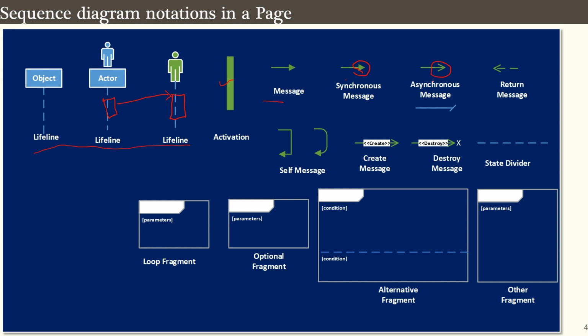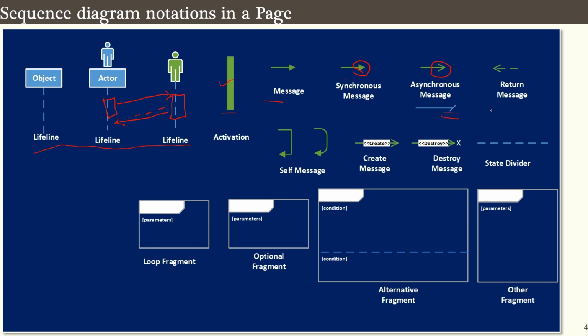The same asynchronous message can also be denoted in this format, a line with a slash. So these are the forward arrows. You can have a return message from one activation to another activation. Usually, this is denoted in a dotted arrow.